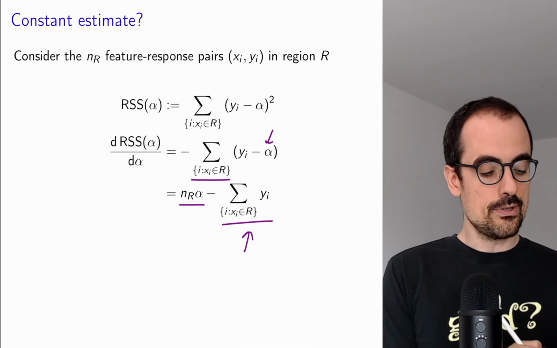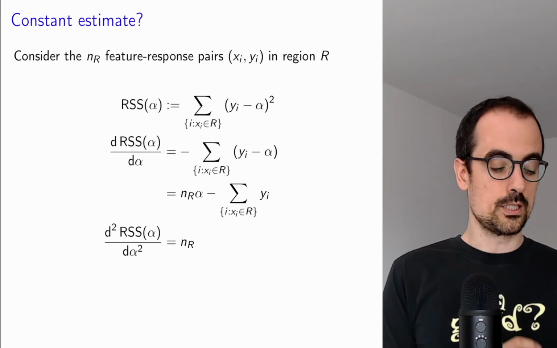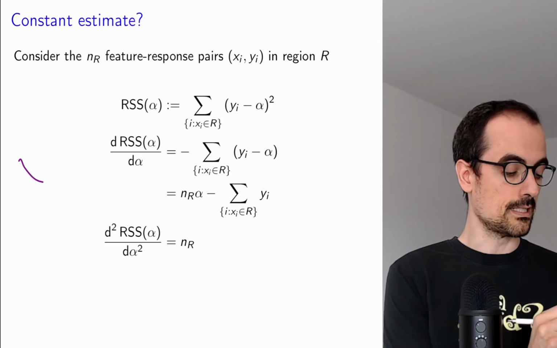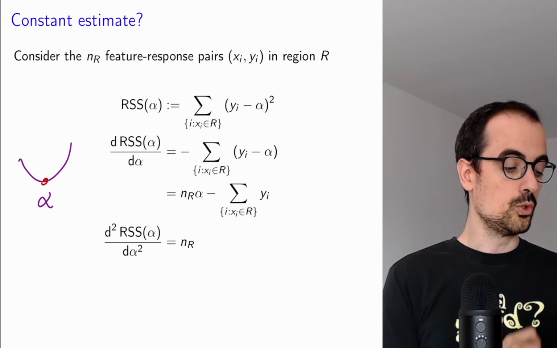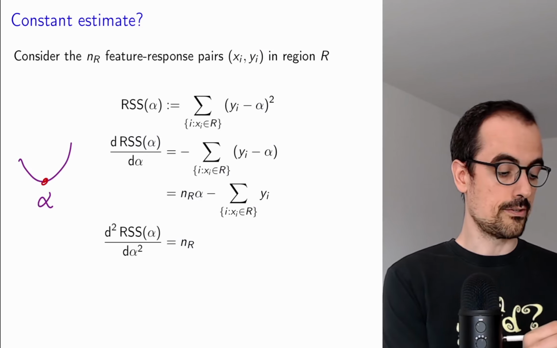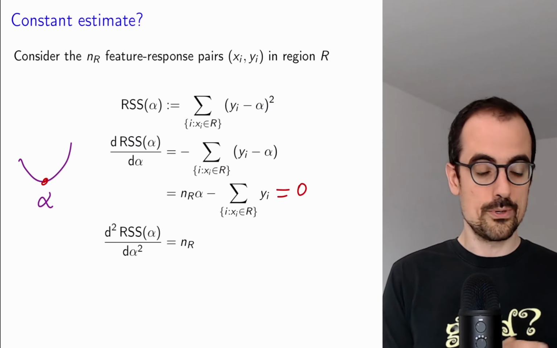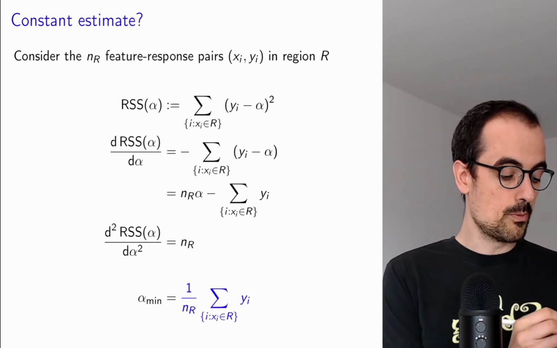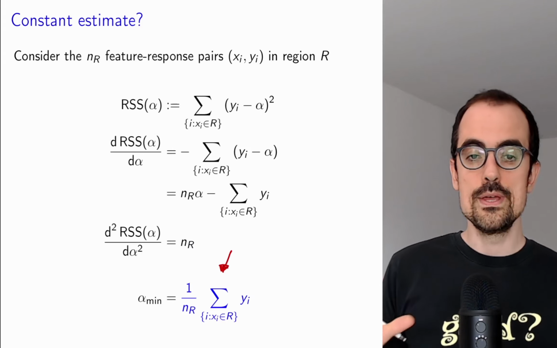If we take the second derivative with respect to alpha again, we realize that it's positive, so this function, as a function of alpha, looks like this. And the minimum is going to be wherever the first derivative is equal to 0. If we set the first derivative equal to 0, boom, we get that the minimum is achieved at the average of the responses within that region.